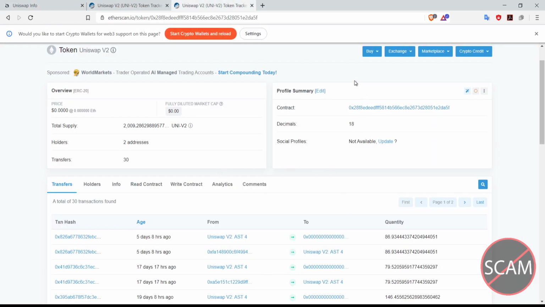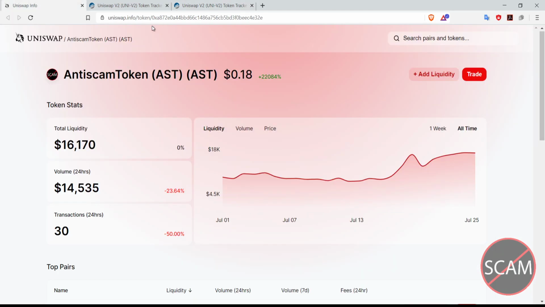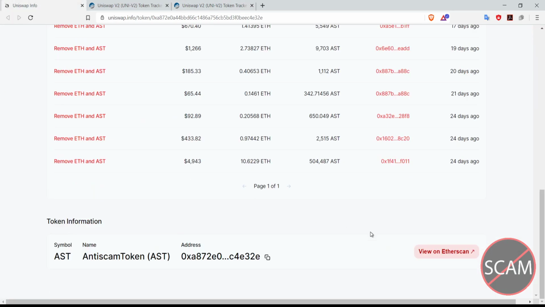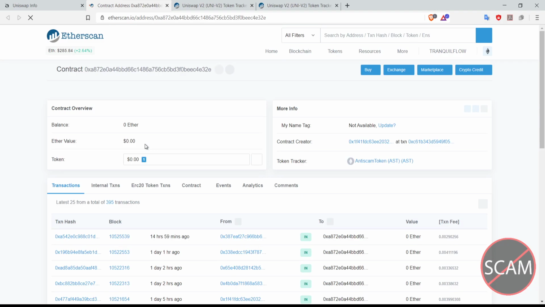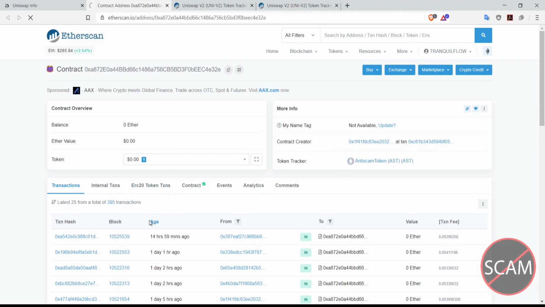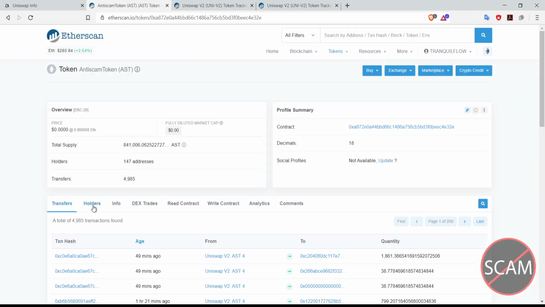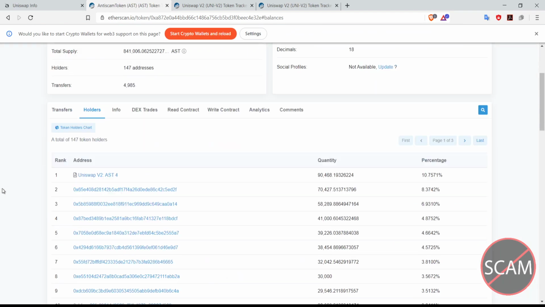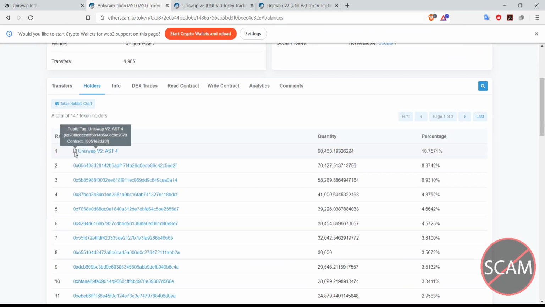So if you go to anti-scam token and you go to the holders, you can see this is the liquidity address. So currently 10.75% of our supply is in the liquidity address.